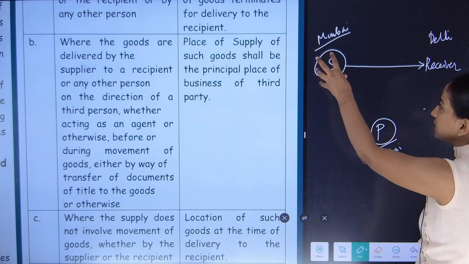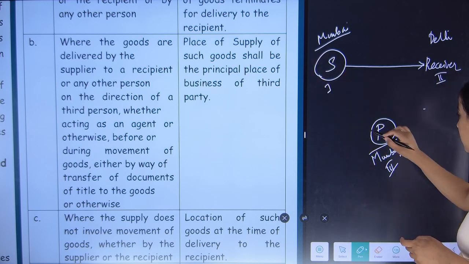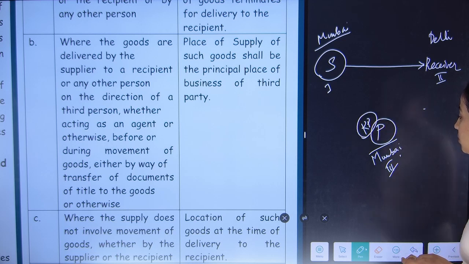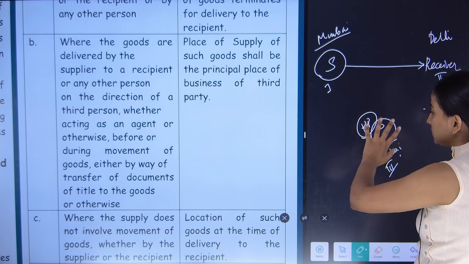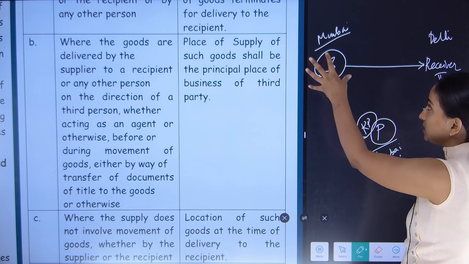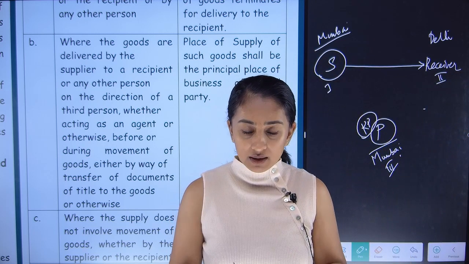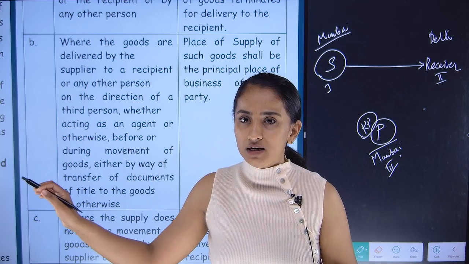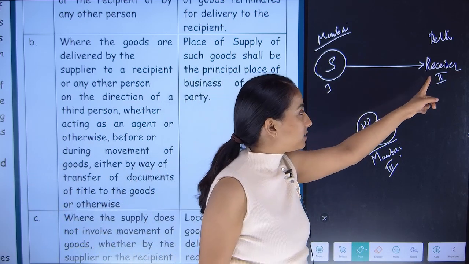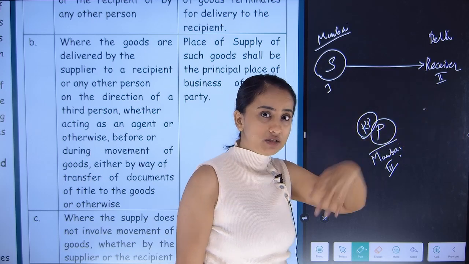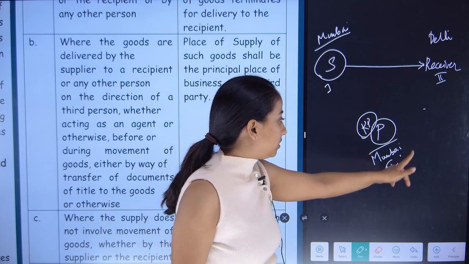So this is the first party, this is the second party, this is the third party, and he is the registered person. The transaction is actually between these two people. This registered person who is the purchaser is saying, seller, instead of delivering the goods to Mumbai, deliver the goods directly to Delhi to another person. So first party, second party is the receiver, one who actually receives the goods, and the third party is the actual purchaser of the goods.